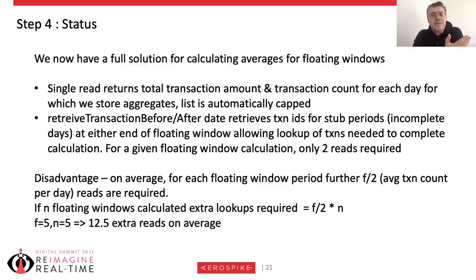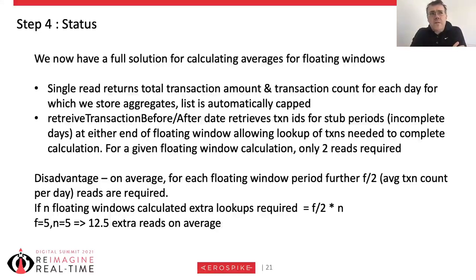On average, each stub read will be half the average number of transactions per day. My hand-waving argument is to say that, on average, the timestamp of your transaction is going to be exactly midday, so the transactions corresponding to the stub periods will be half the number of average transactions for the day at the end of the floating window.